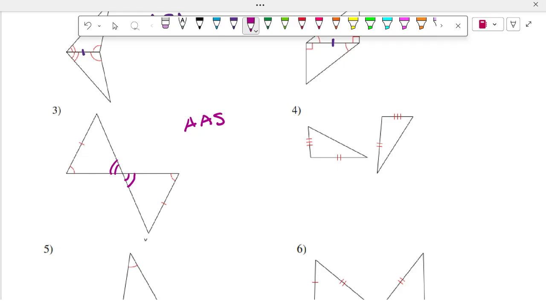Yes, ma'am. So how do you know which order to put the letters in? I know you said like a circle, but would you go...? Well, think about it this way. Say you start with the side first. If you say side, angle, angle, that's technically not a postulate, but if you flip it backwards, it's angle, angle, side.